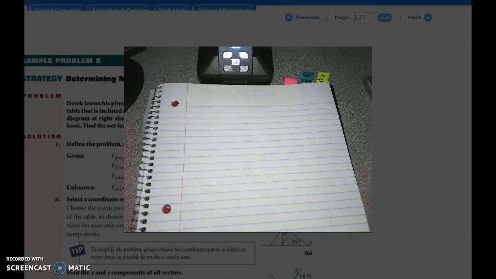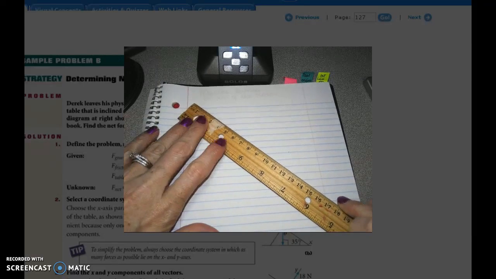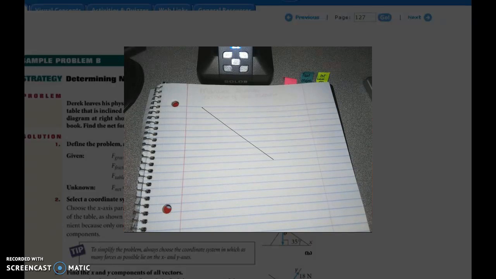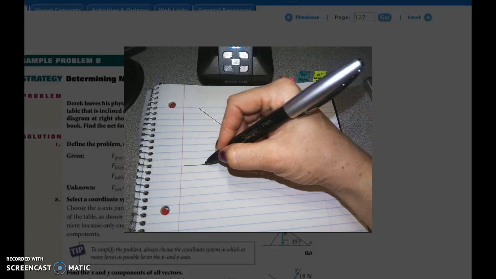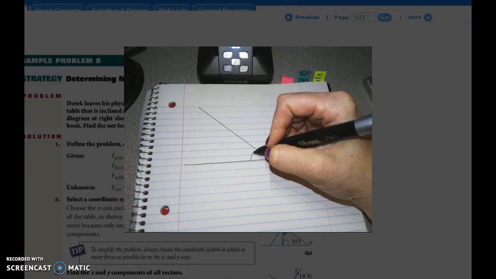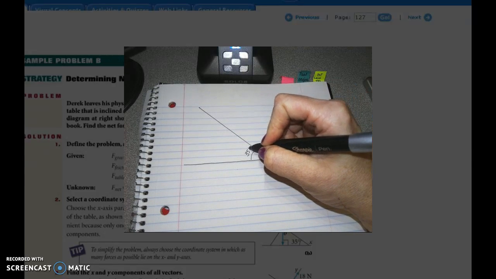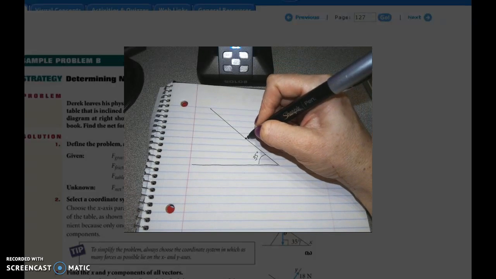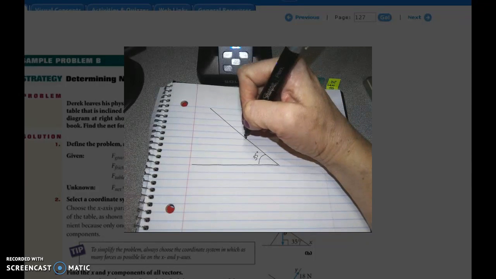Okay, so what it shows us is there's a ramp that is at an angle of 35 degrees with respect to the floor. There's a book sitting on there. We'll just draw it as a dot.